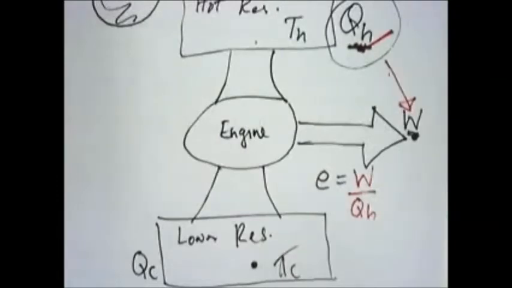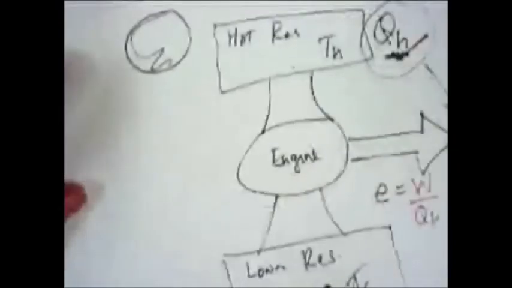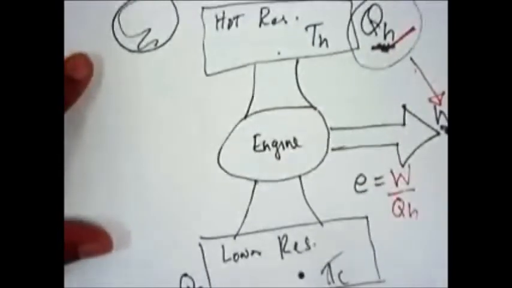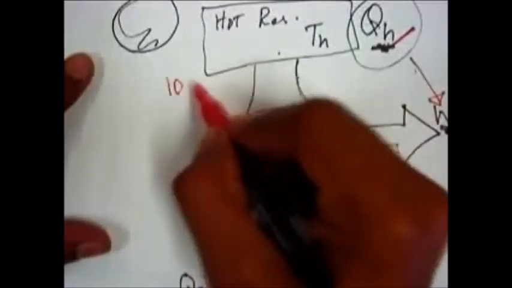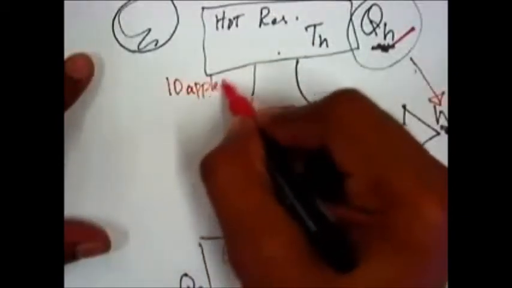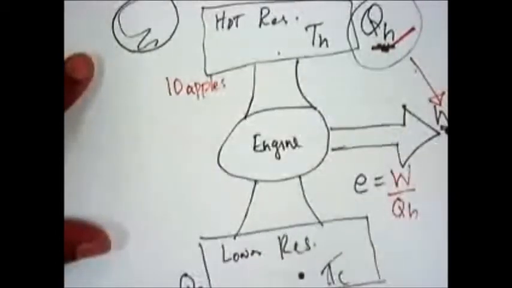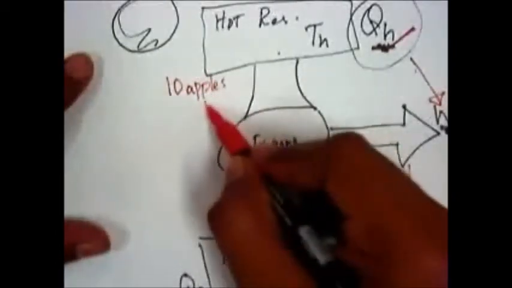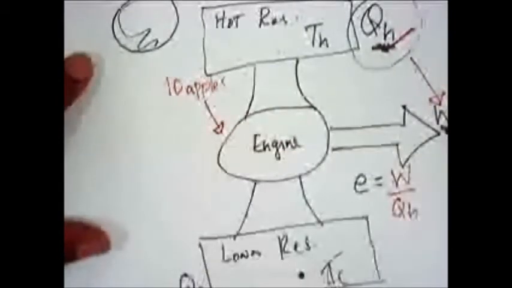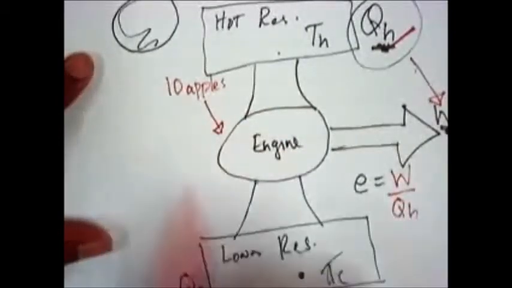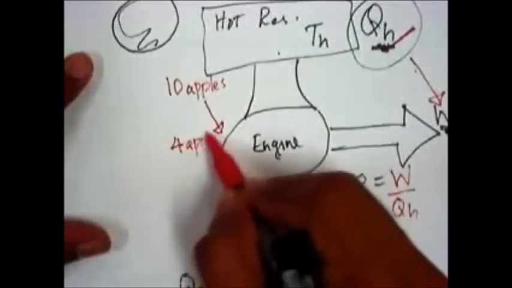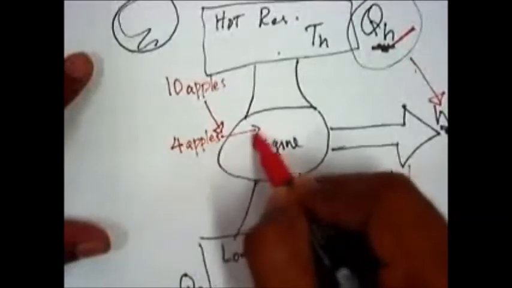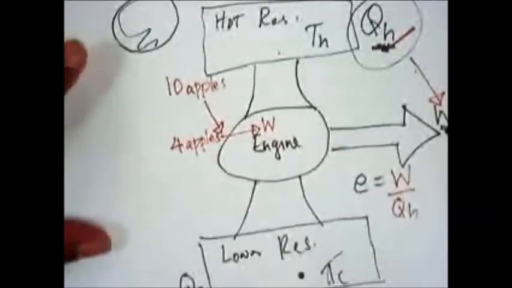Now if you look at the work done, just as an analogy, suppose I have 10 apples here. When these 10 apples go into the engine, the engine uses 4 apples to do work.